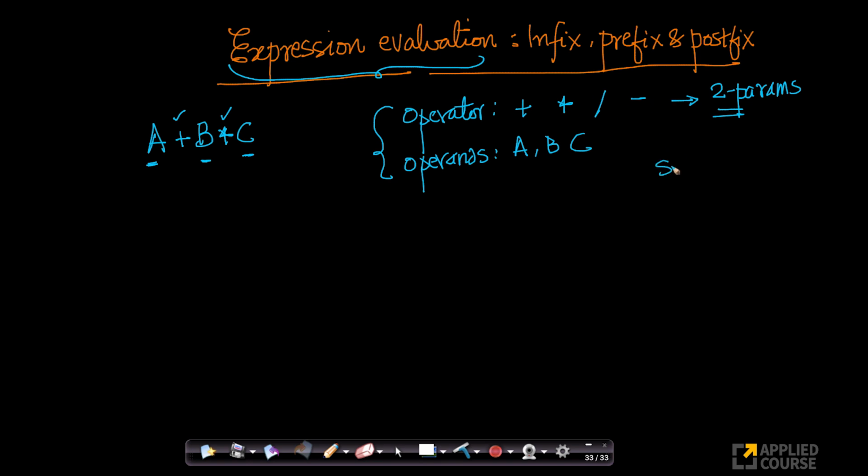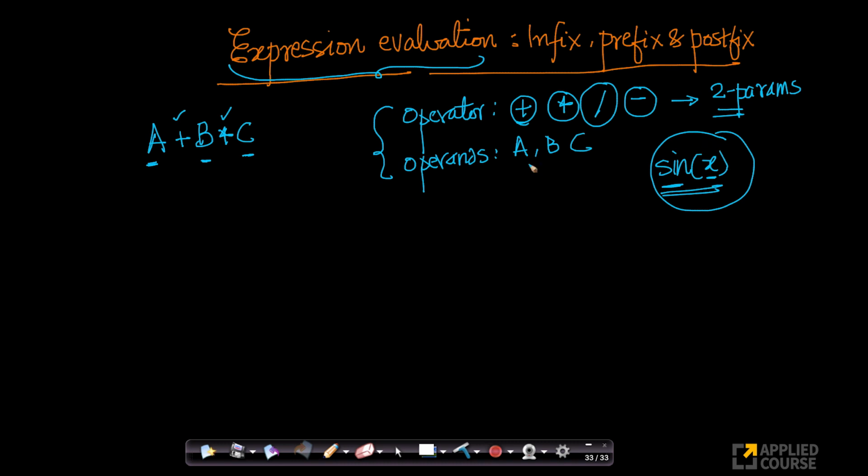For example, sin x is called a unary operator because it only requires one parameter to operate on, while typical arithmetic operators like addition, multiplication, division, and subtraction need two operands to operate upon. Okay, this is important to understand.